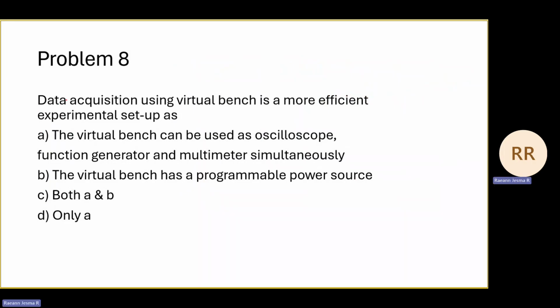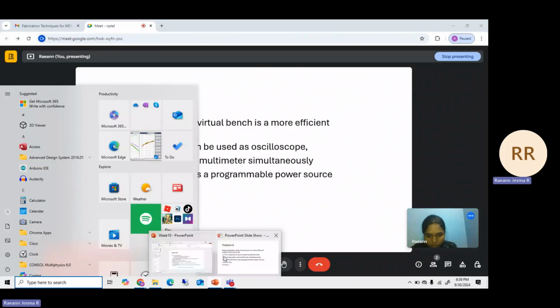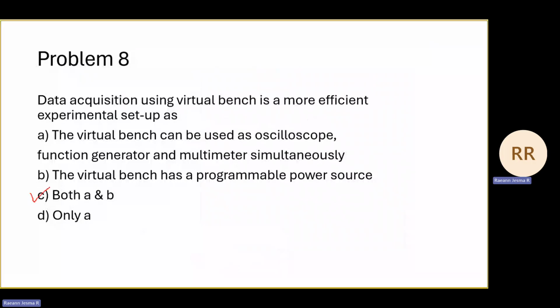So we also looked at something called virtual bench, right? So the correct answer is option C, both A and B. The virtual bench is an instrument which combines a mixed signal oscilloscope, an arbitrary waveform generator, digital multimeter, programmable DC power supply, and digital input output.